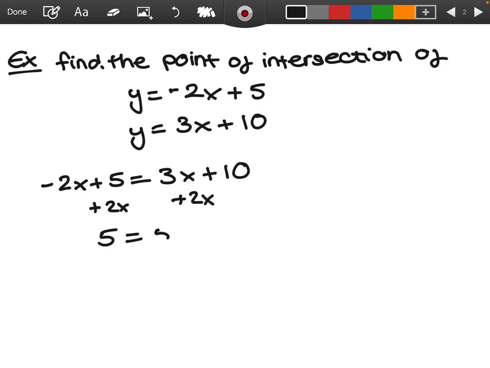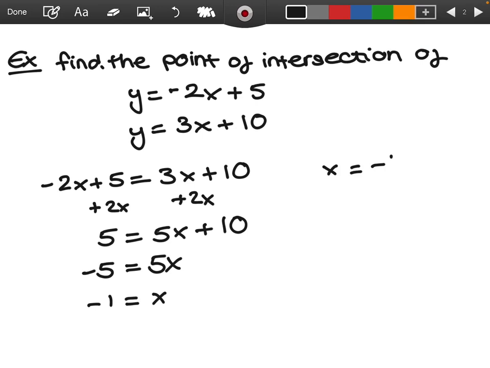That will leave me with 5 on the left and 5x plus 10 on the right. And then I'm going to subtract 10 from both sides. So that will leave me with negative 5 is equal to 5x, and then divide through by 5, and that will leave me with x is equal to -1.